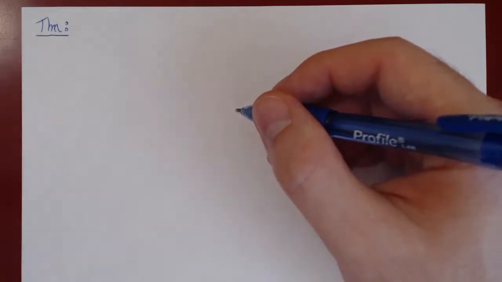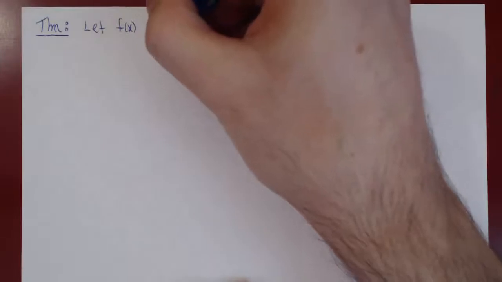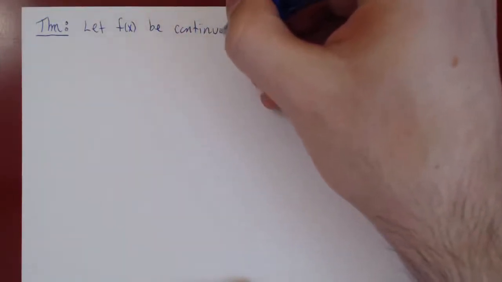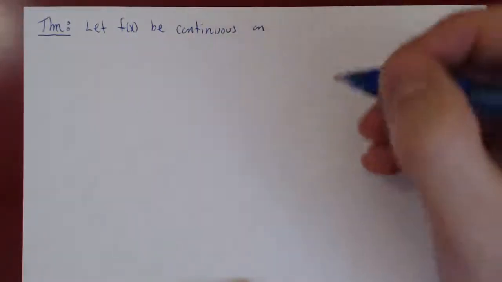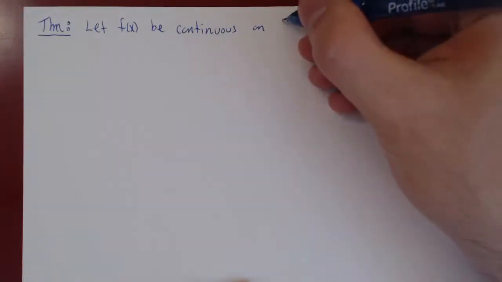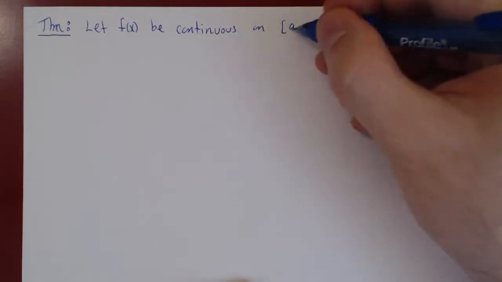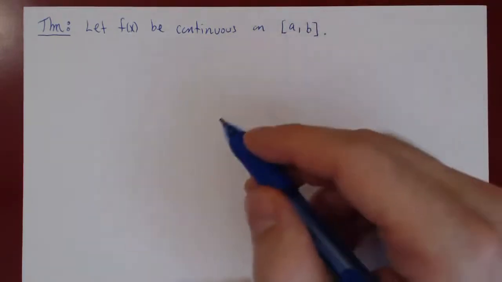We assume that we have a continuous function on a closed and bounded interval. So let our function f of x be continuous on the closed and bounded interval ab. So a and b are fixed real numbers, and our interval includes both endpoints, a and b.